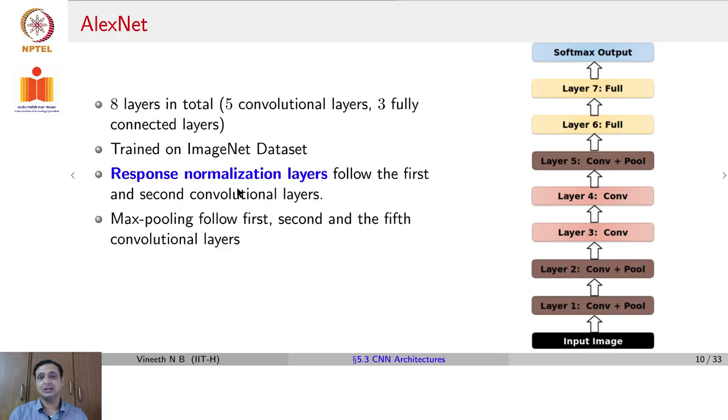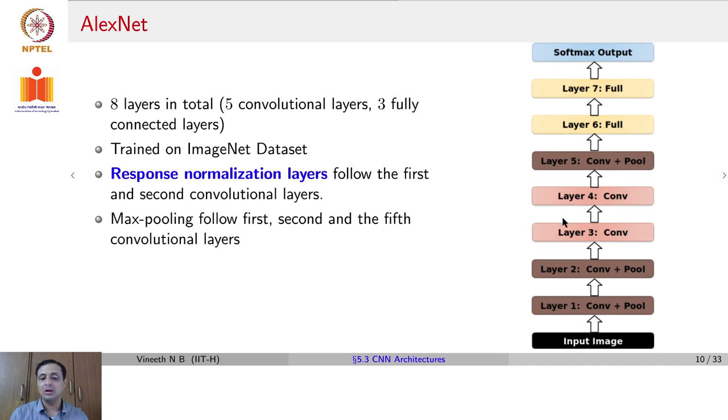In addition to this, this particular architecture also introduced the rectified linear unit, or ReLU, as an activation function. That was one of the contributions that made this architecture a success. Of course, ReLU is now a default choice for an activation function in many other CNNs. As you can see in the architecture, max pooling follows the first, second, and the fifth convolutional layer.